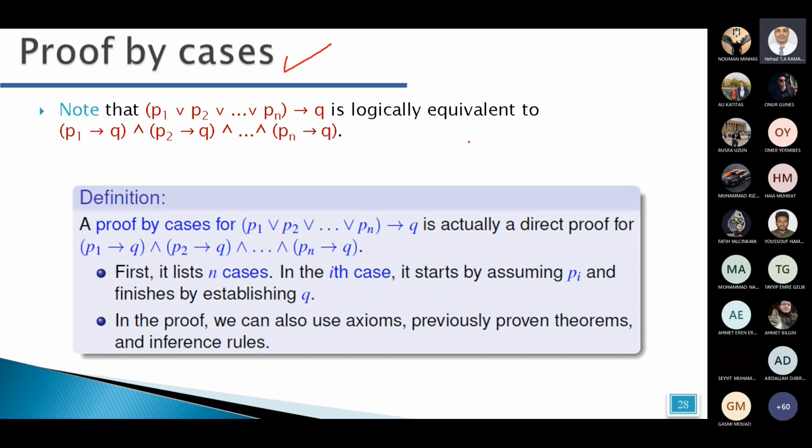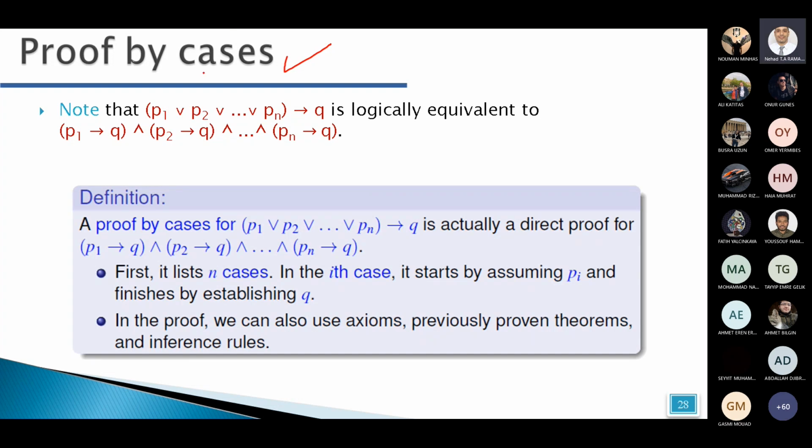or inductive proof. Okay, so proof by cases, it's very simple one. Proof by cases, we will apply the cases. When we have specific cases, we can apply these cases to our problem to reach Q from the assumption.